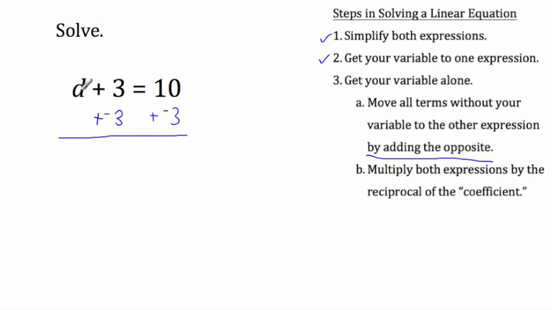When you do this, there's nothing that we're adding to the d term, so it comes straight down. However, we're adding 3 with negative 3, and 3 plus negative 3 is 0, so we could write d plus 0 here, but since d plus 0 is just d, because whenever you add 0 to anything, you get itself, we don't need to write this plus 0 here. d plus 3 plus negative 3 is just d.